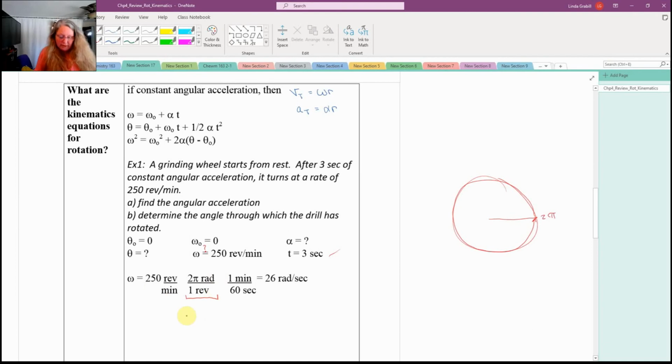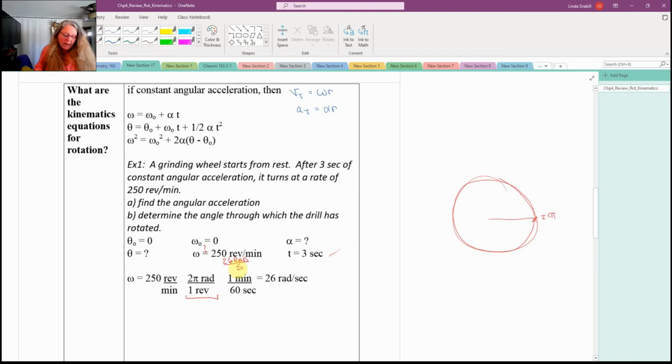The other trick here is, while you'll see a lot of revolutions per minute, we don't do that in physics. We use meters, kilograms, and seconds. So we've converted it here. My omega, my angular speed, is actually 26 radians per second.